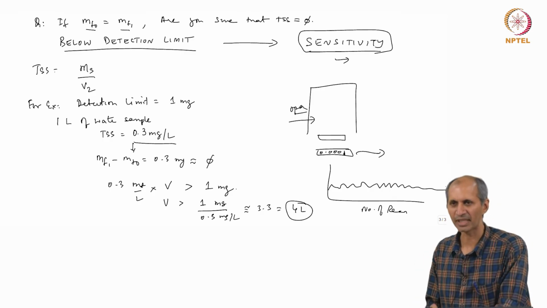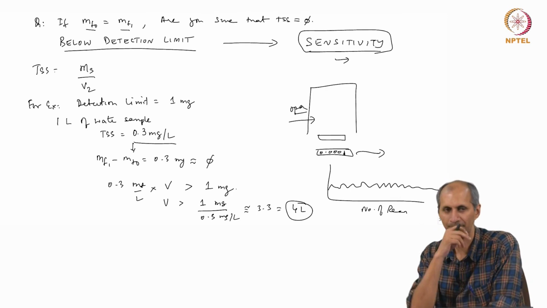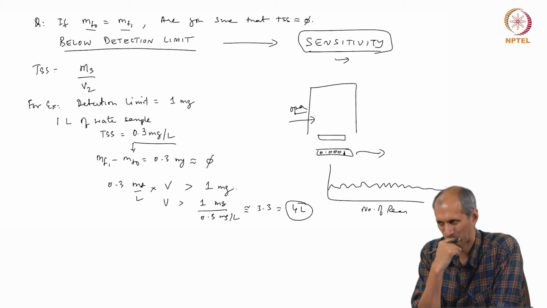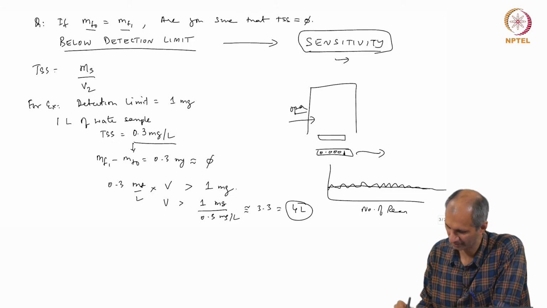From this kind of reading, how can you infer anything? What will be the number that is useful to you? The average. Is that enough?